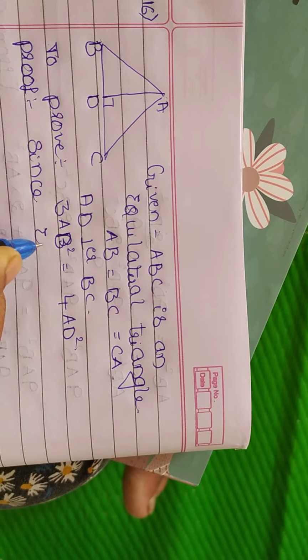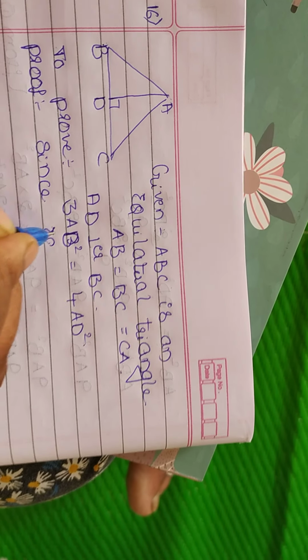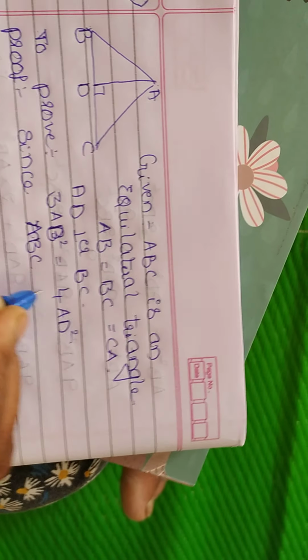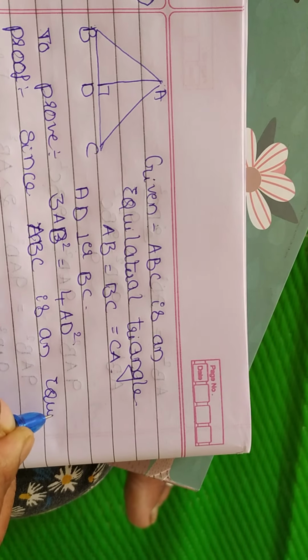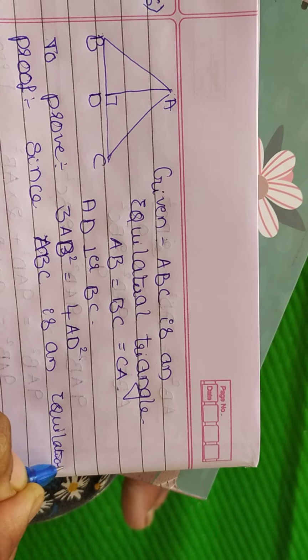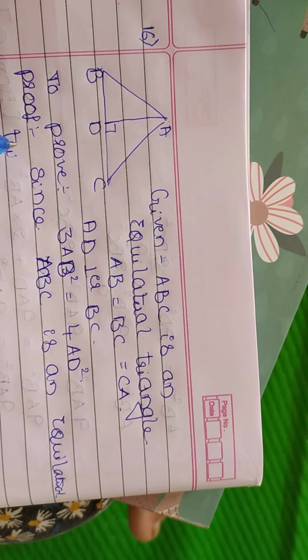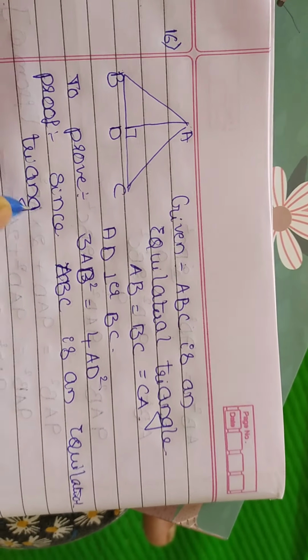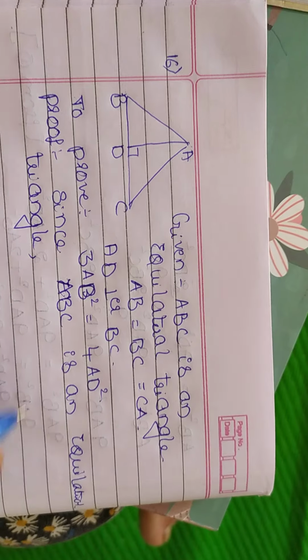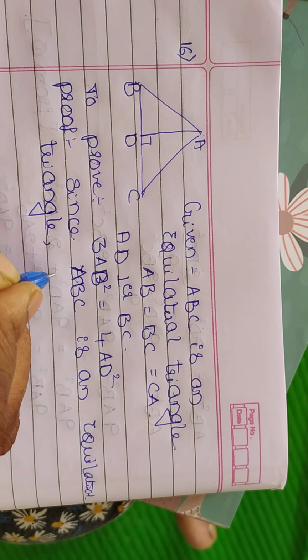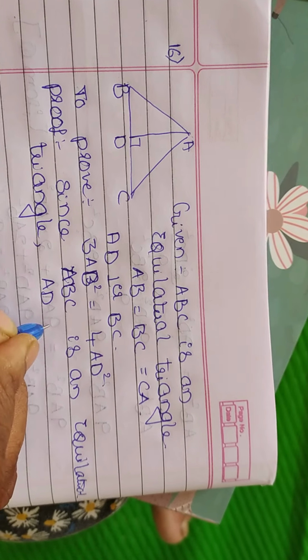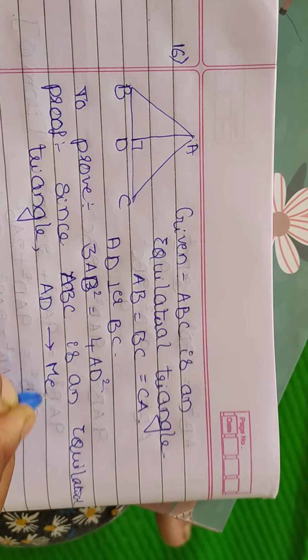Therefore, since ABC is an equilateral triangle, what can you say? AD will be the median.